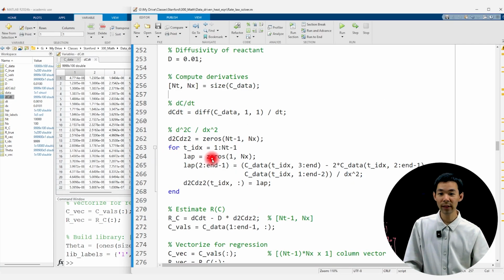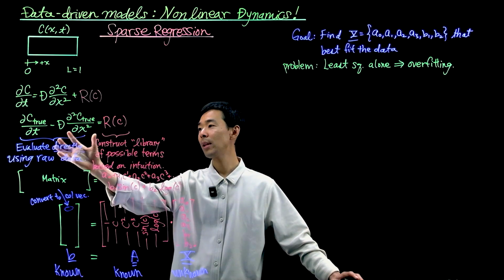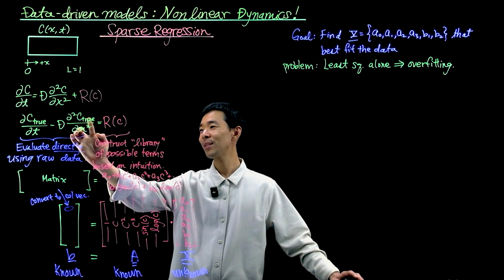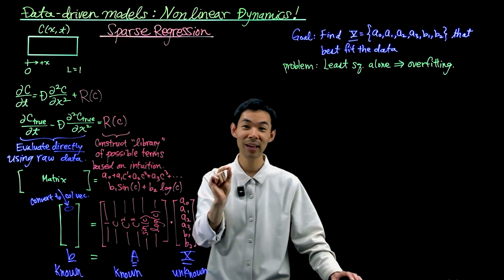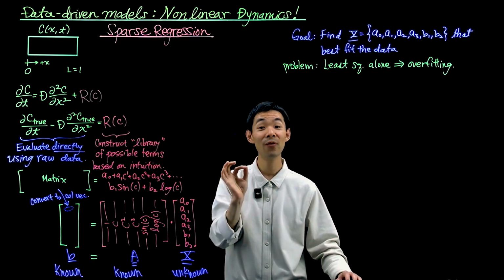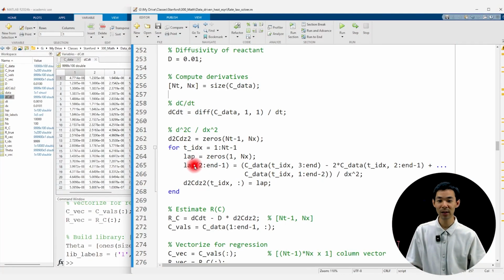And then over here, I'm doing the exact same thing in space. So here I'm calculating the Laplacian, which on the board is right here. I'm calculating this partial squared C true divided by partial x squared. Just literally taking finite difference of my concentration data matrix. So I'm going to define my Laplacian matrix, and I'm just going to take C data and central difference, right?